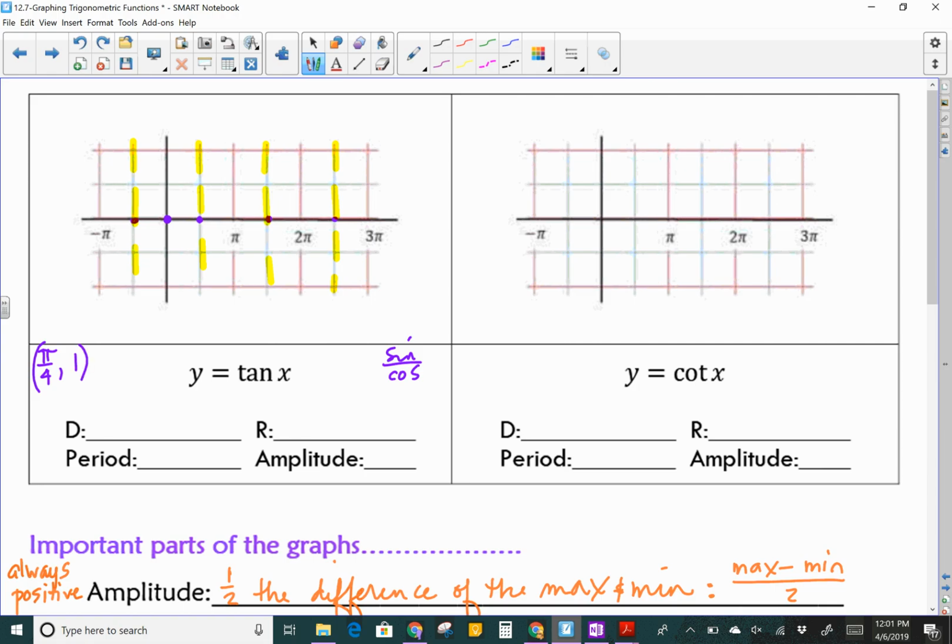So halfway between the 0 and the asymptote, it goes up to 1 and then down to -1. So it's going to do this same thing in between every asymptote, because just like the others that we've been talking about, these are all periodic functions, so they all repeat over a certain period.